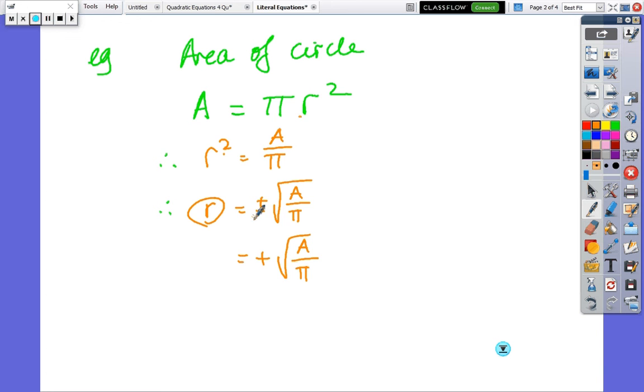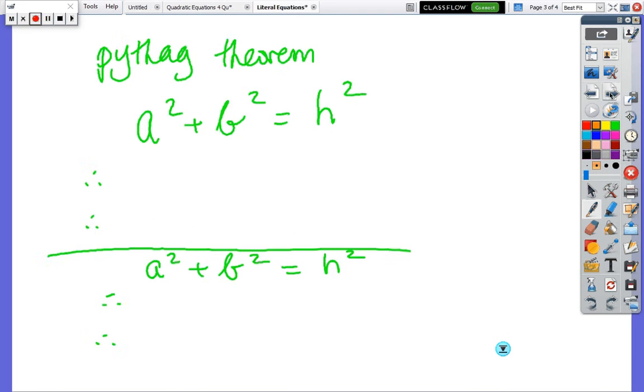So if there's context to it, you can sometimes eliminate one of the answers. The answer is only plus the square root of A over pi, even though theoretically, if this wasn't context, the answer would have been plus or minus. Okay, copy that and come across.